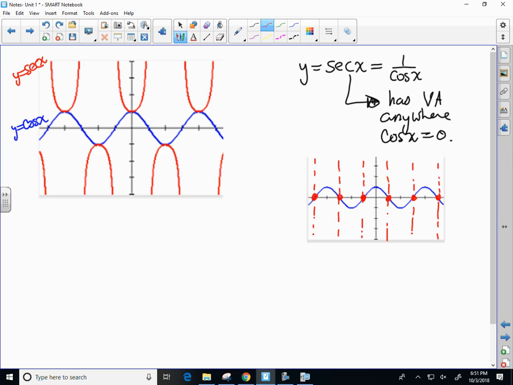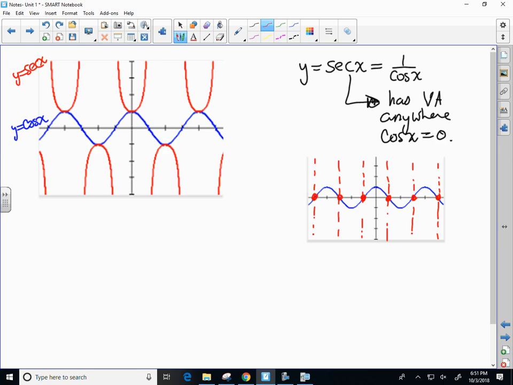Now, we talked about this when we dealt with absolute value functions. What does an absolute value do to a number? It takes a negative, makes a positive. So why wouldn't it do the same thing to a graph, right? Okay, well, secant is a reciprocal of cosine. So why would that relationship be any different within the graph, right?